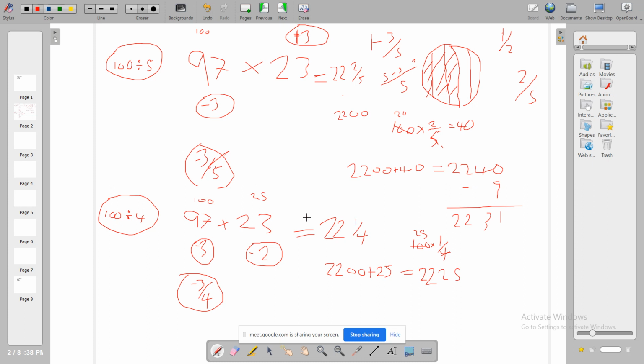Now what we need to do is to multiply these two. Someone is giving background noise, please mute your microphone. So now when I multiply here, minus 3 times minus 2 gives us what? Who can tell us?